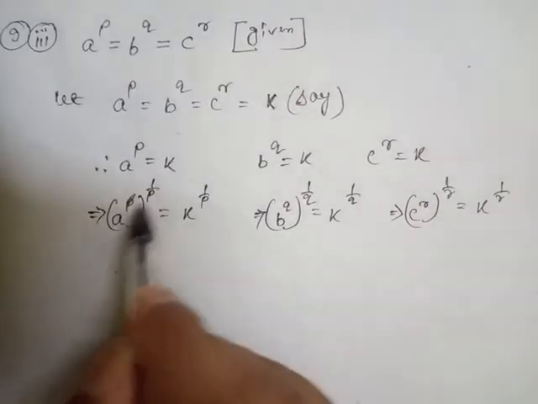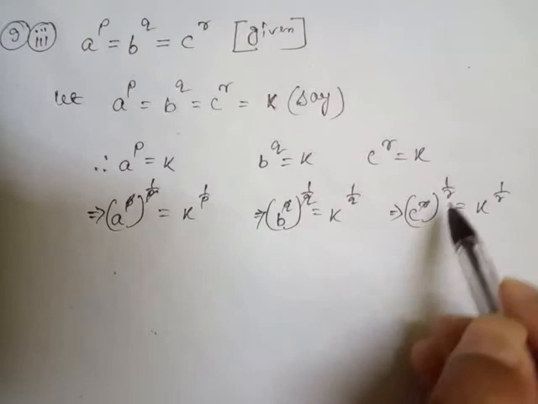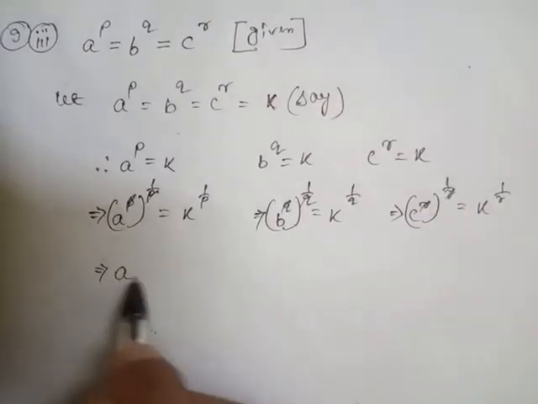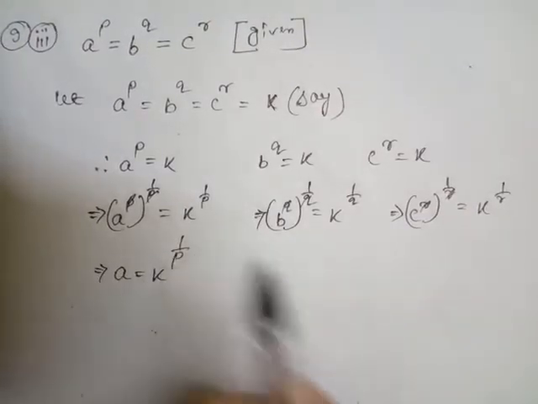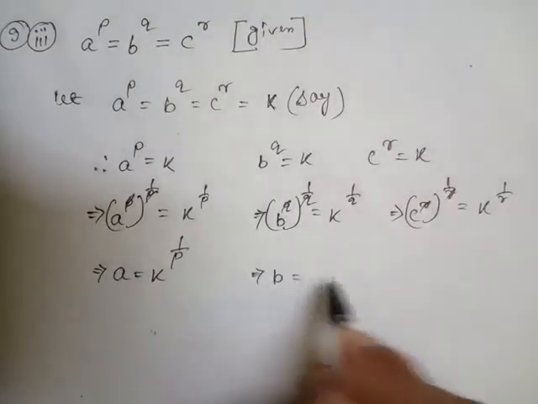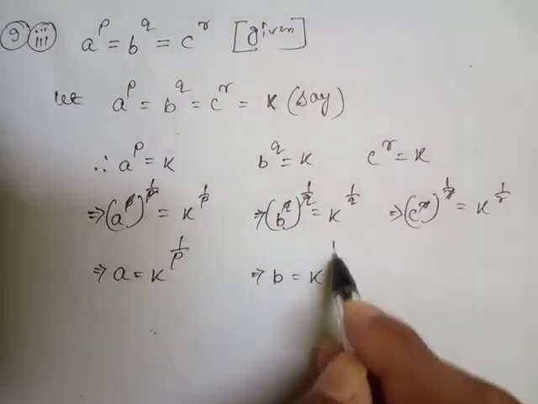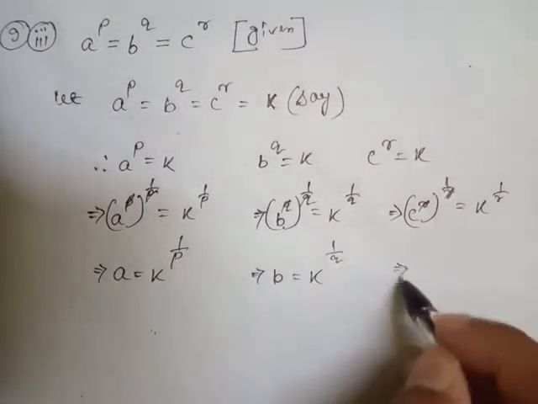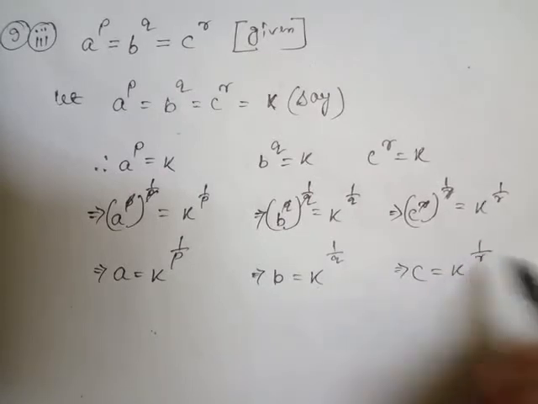Now look, these two cancel, these two cancel, and these two cancel. So a equal to k to the power 1 by p, b equal to k to the power 1 by q, and c equal to k to the power 1 by r.